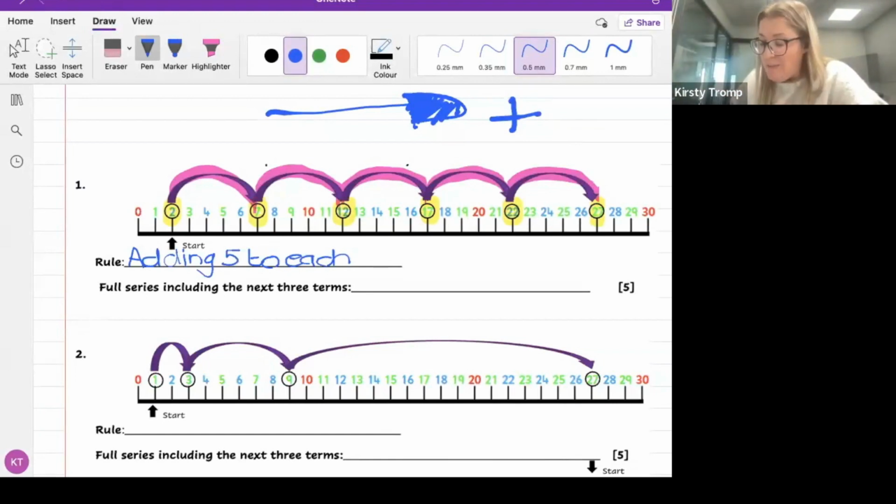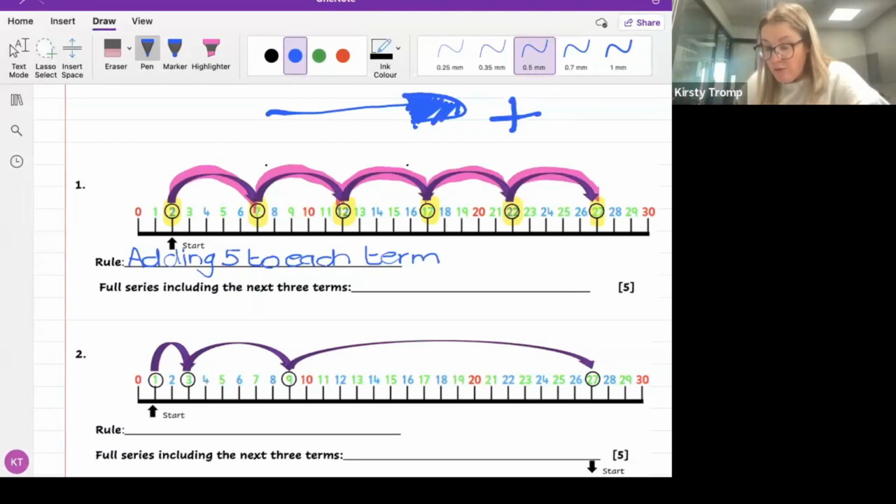What we call it in number patterns is term. So I'm adding 5 to each term. In other words, I started at term 2, I added 5 and I got to 7. I added 5 to 7 and I got to 12, and so on.